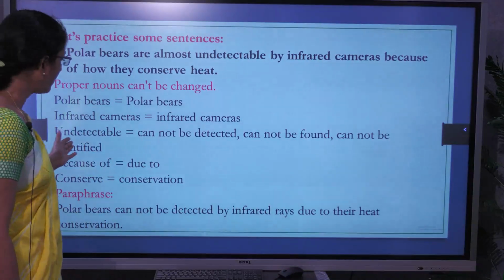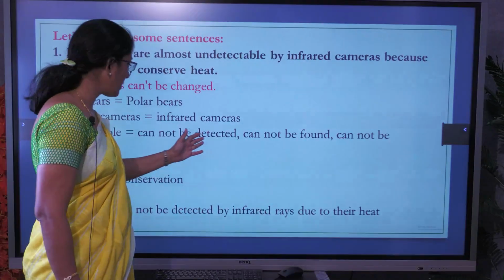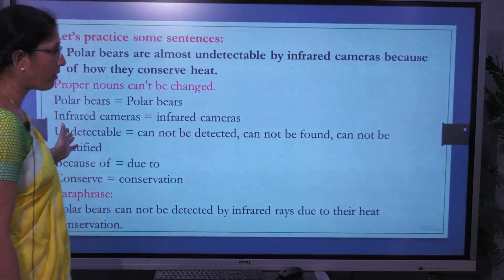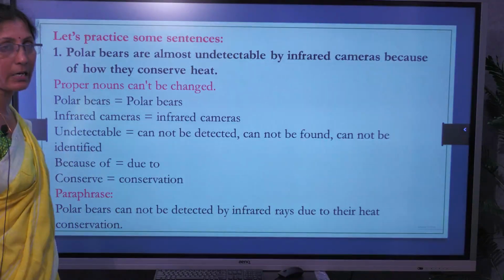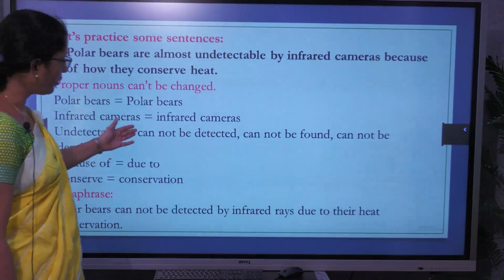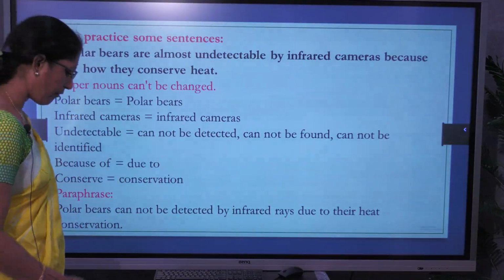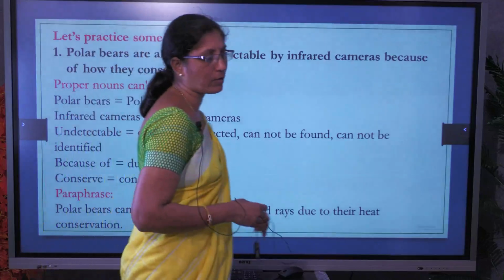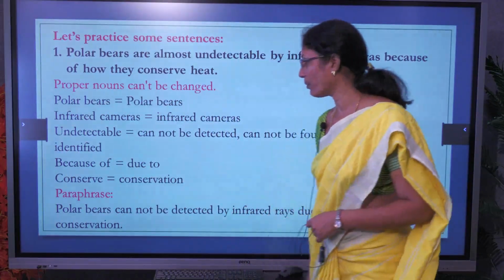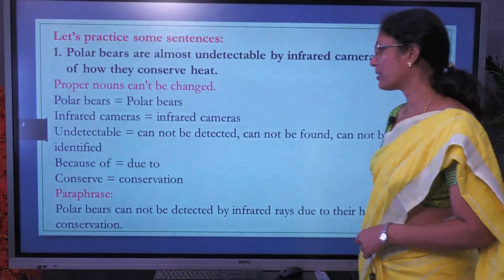Okay, these phrases give the same meaning as undetectable. So we can use any one of the phrases. Next, because of. The other word for because of is due to. Next, conserve.